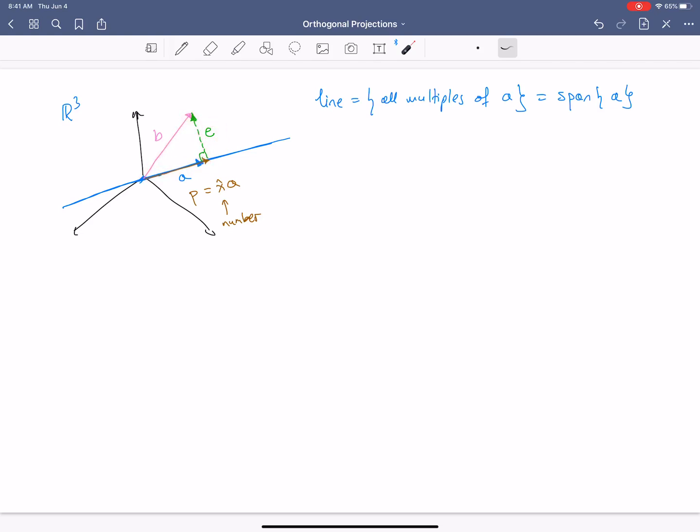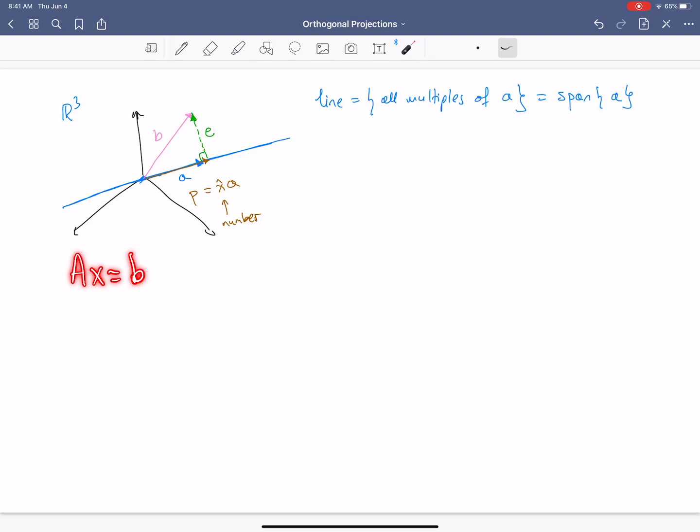Why error? Well, tomorrow we will use the projection P in place of B in order to solve a system AX equals B. Whenever B is not in the column space of A, AX equals B does not have a solution.